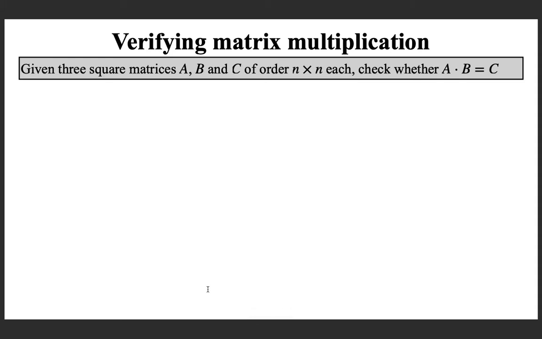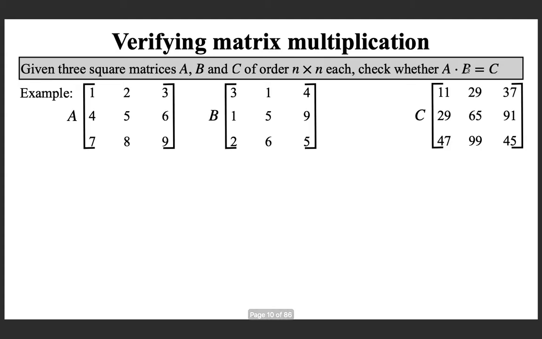Given three square matrices A, B and C, each of order n by n, check whether C is the product of A and B. For example, here three square matrices of order 3 are given, A, B and C. You want to check whether C is the product of A and B. How will you check this?